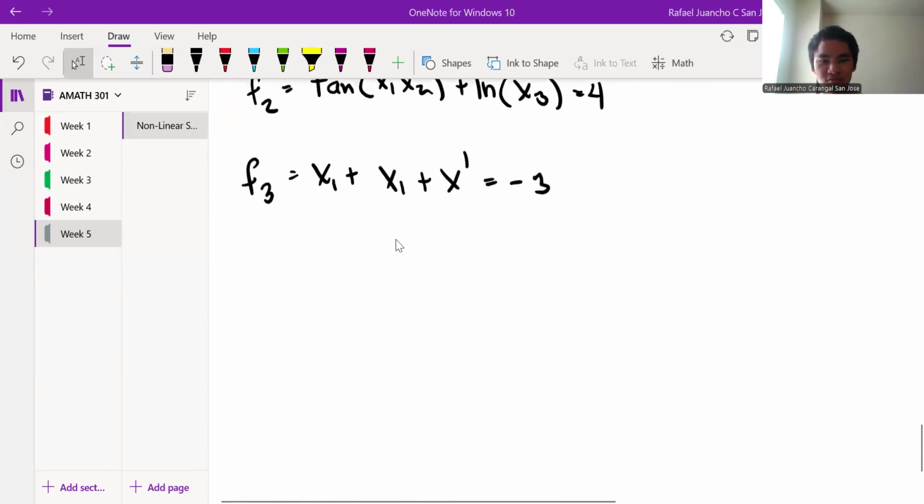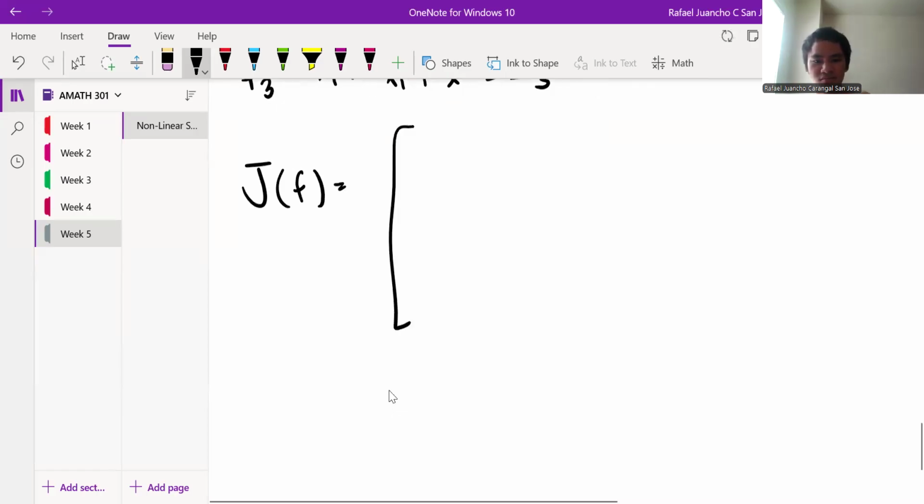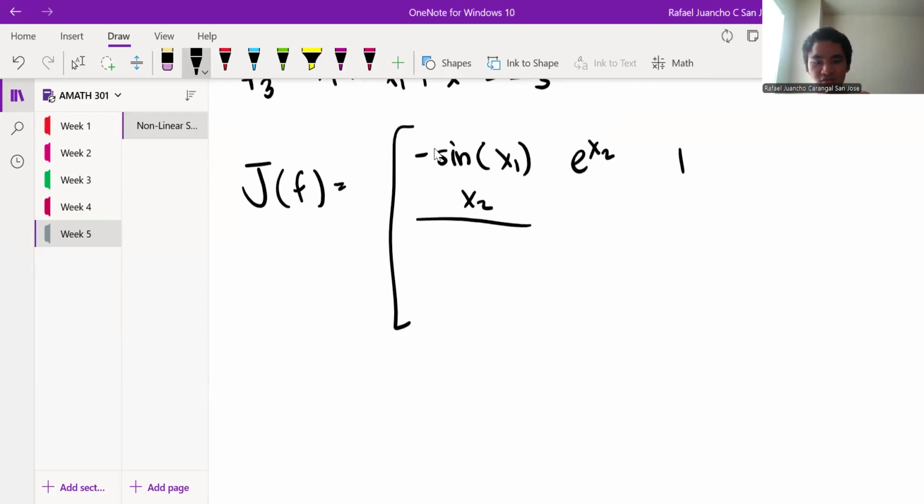And then we do a Jacobian of our function. Am I going to write the whole vector thing? I don't need to, because this is an example. So this is sine of this. So here what we're doing is, again, from a previous lecture, the idea is we're trying to convert these systems into matrix form.